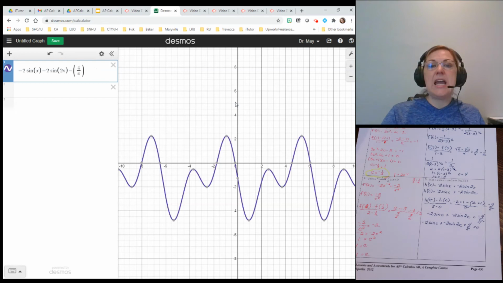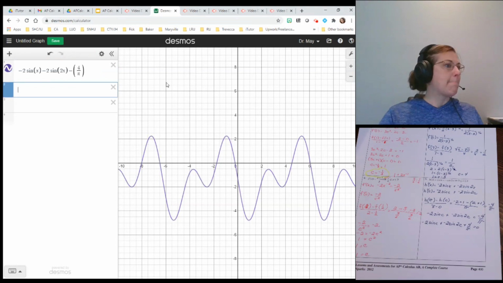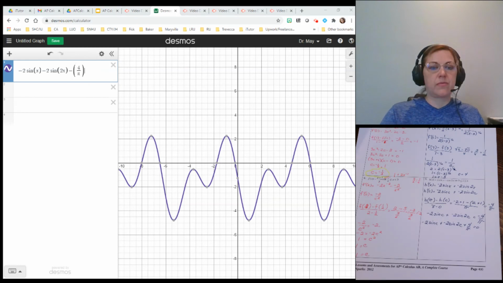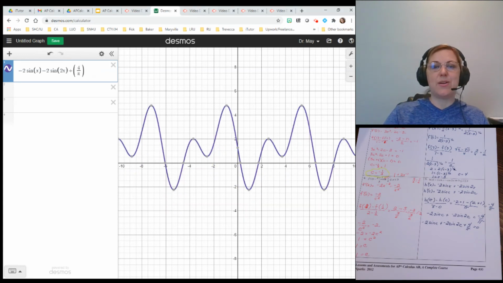There it is. And we're trying to find out where this equals 0. Looks like I accidentally put a minus in there instead of a plus, so let's fix it. Oh, that looks so much better.